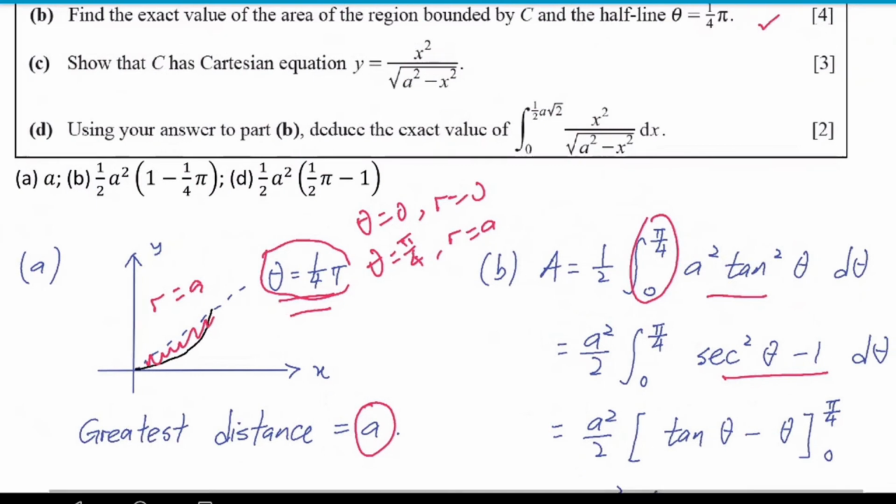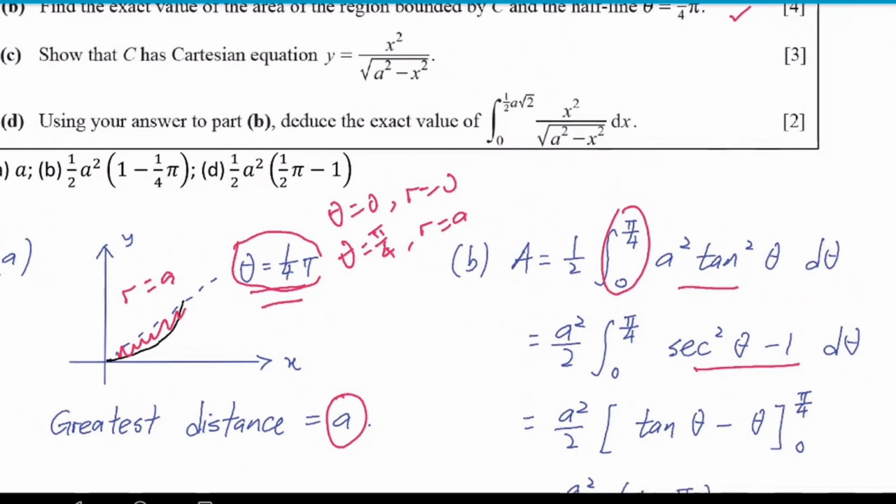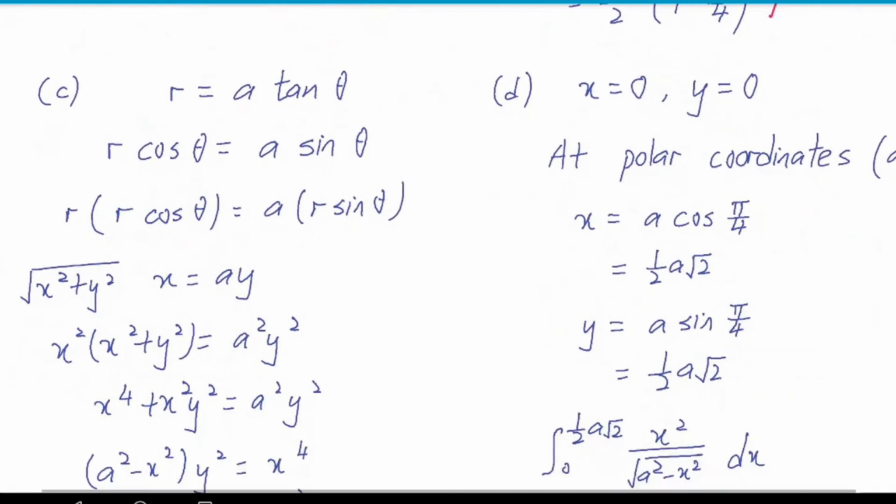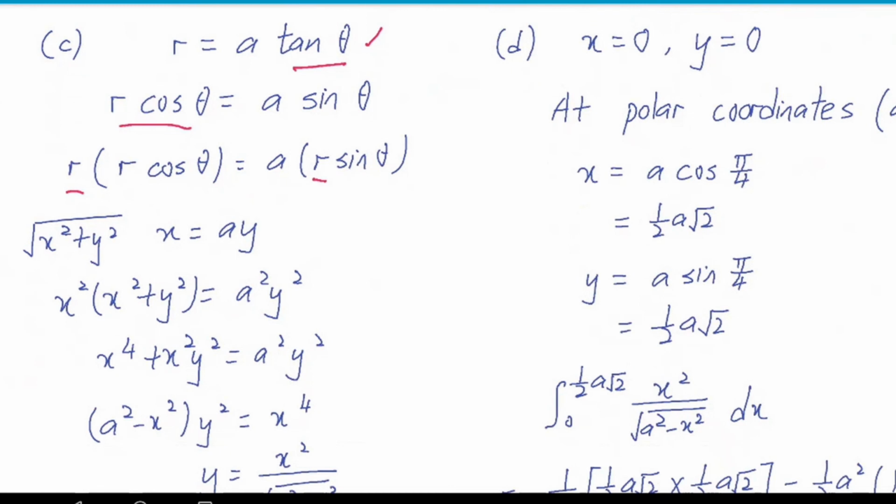Part C, show that C has this Cartesian equation, which is y equals x squared over the square root of a squared minus x squared. So that is to actually use the tangent. We split that into sine and cos. So we get r cos theta already, and we are getting a sine, which is still lacking one r here. So we can multiply both sides by another r, in which the right hand side, r sine theta becomes y.